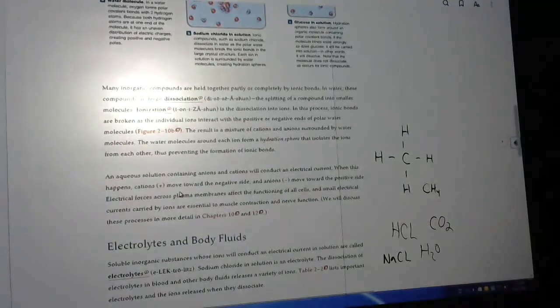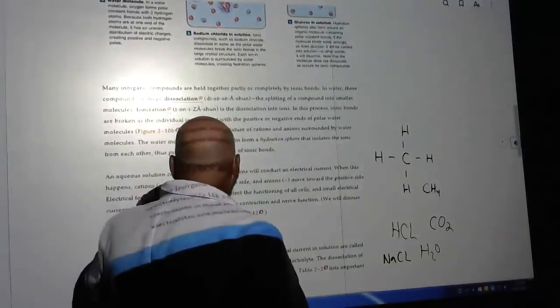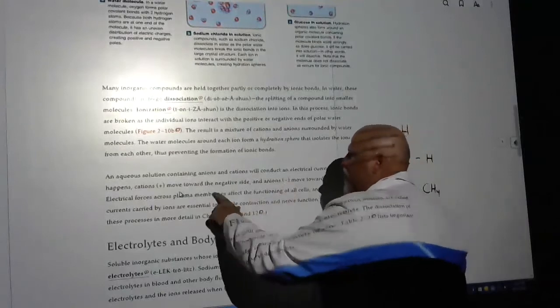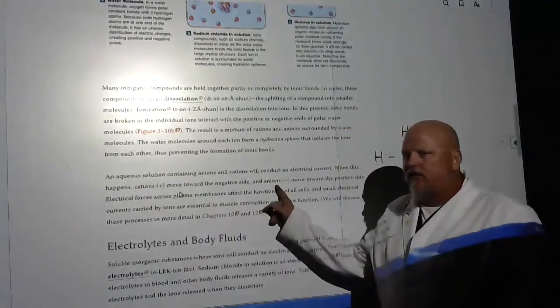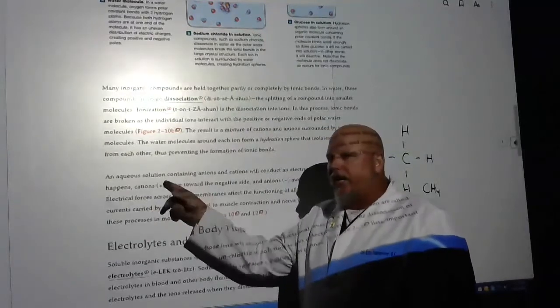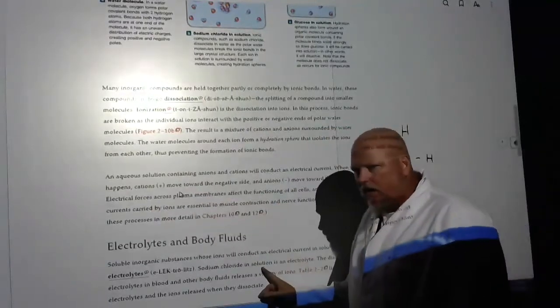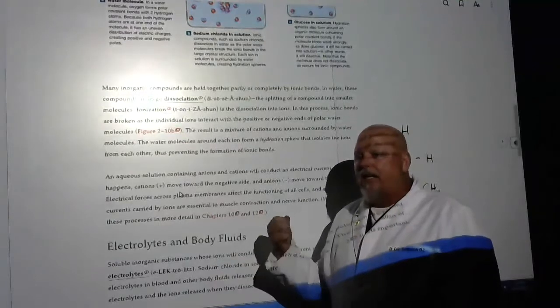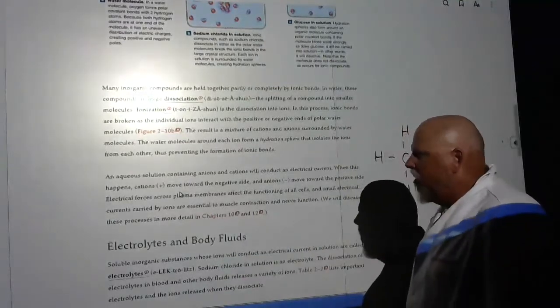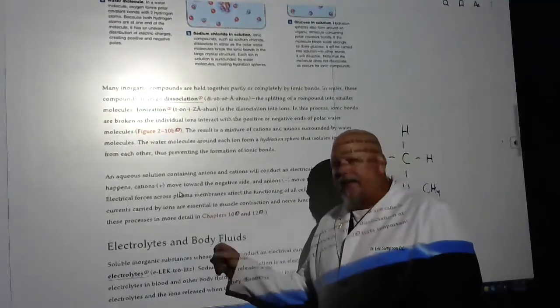It dissociated. Now, remember, these charges are actual electricity, right? They're positive and negative electrical charges. So when I dissociate them in water, we actually make what's called an electrolyte. Our bodies need electrolytes to function.